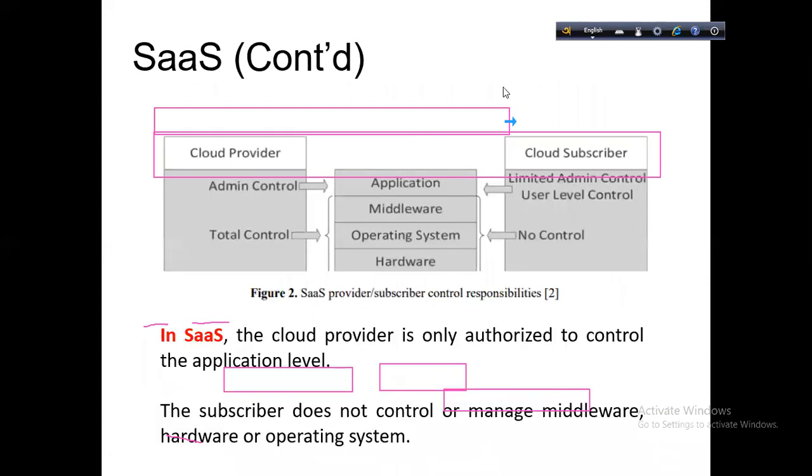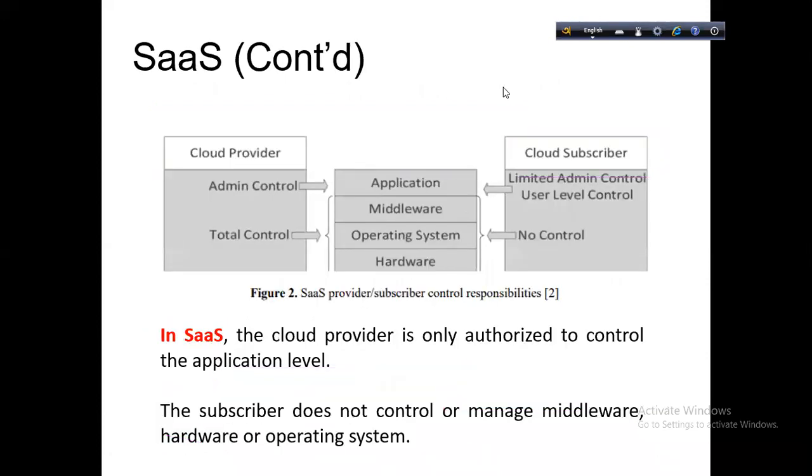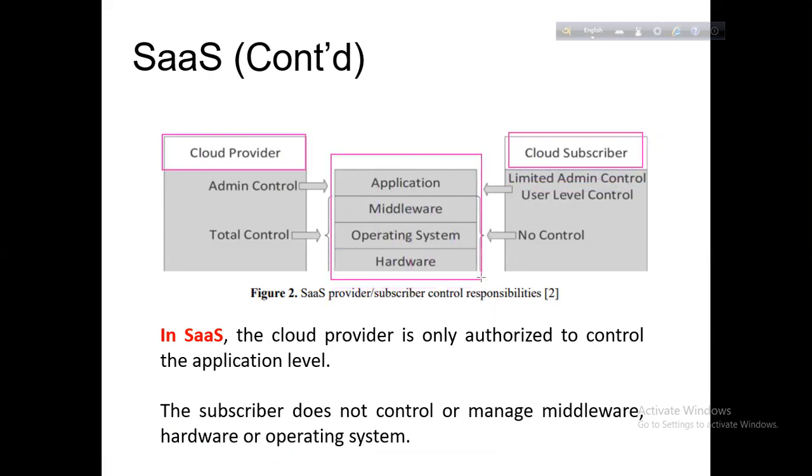All right. So next, software as a service. Look at this one. As I was just mentioning, you have two parties here: the cloud provider and you, the cloud subscriber, the user. We have a few components.